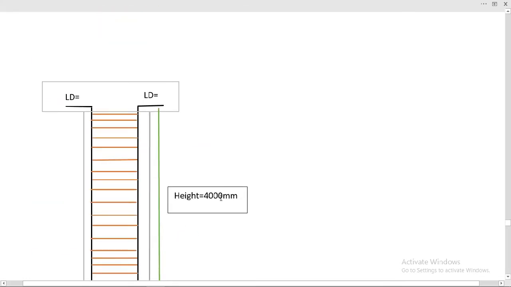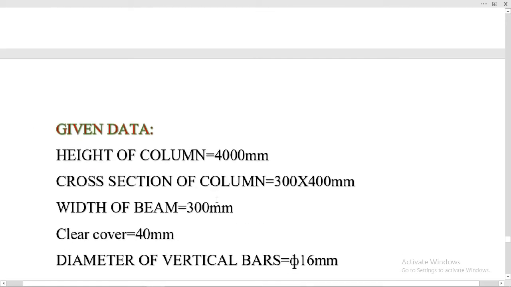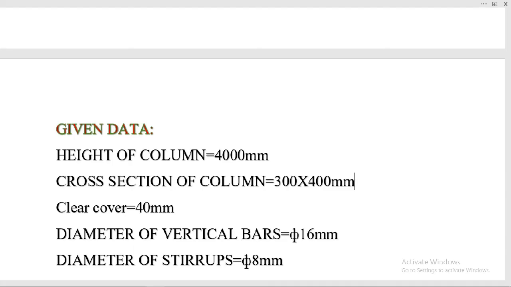I hope everything is clear. We move further to solve the numerical. Here we first see the given data. Height of the column 4000 millimeter after the subtraction of the concrete cover, and the cross section of the column is 300 by 400 millimeter, and clear cover from all sides is 40 millimeter.